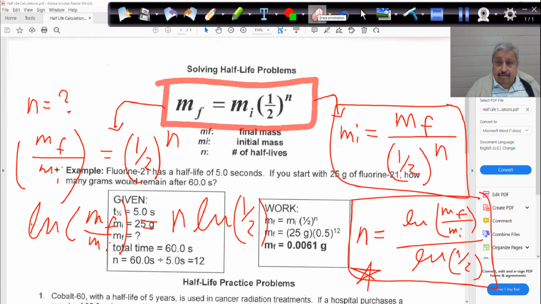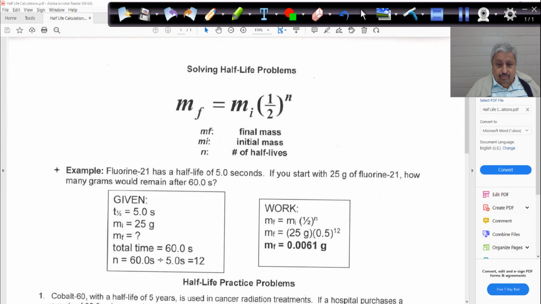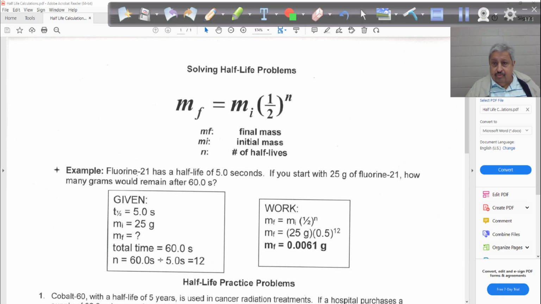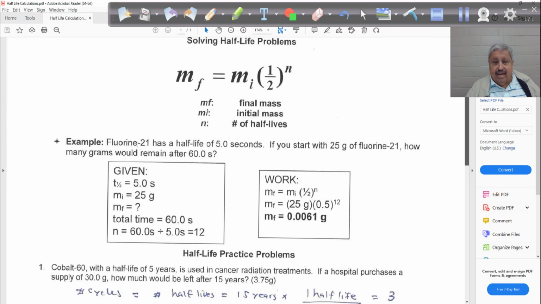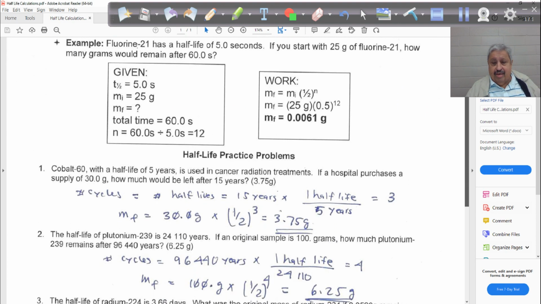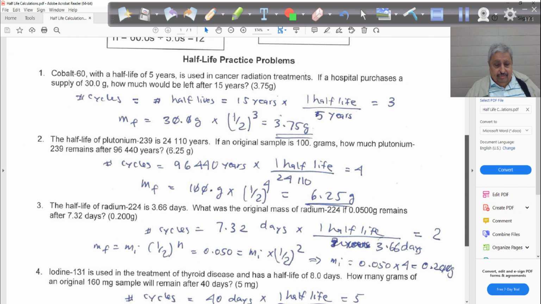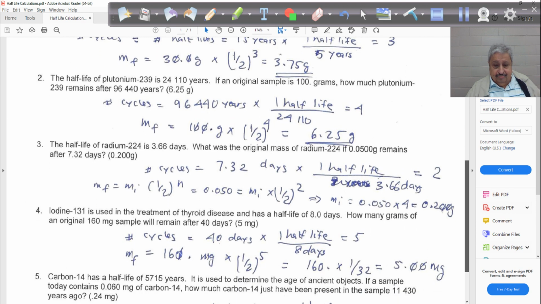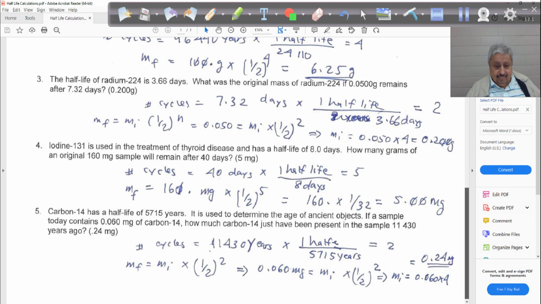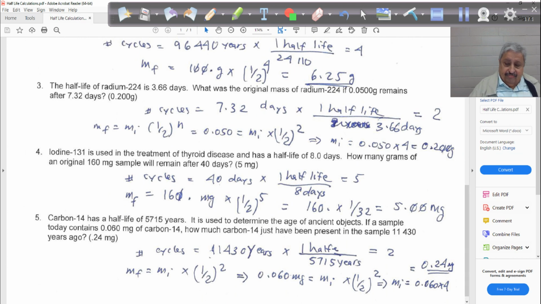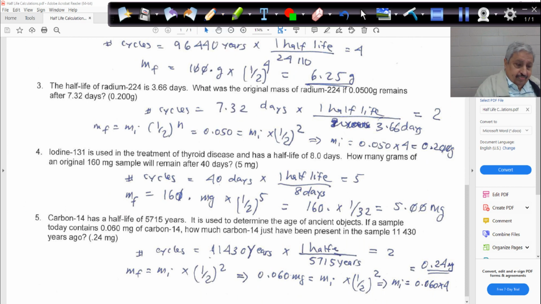So now let's go back and look. We'll do one that has MI, initial, and one that has MF, final. How about this one here, number 5? It asks about the initial one, because that's the MI.